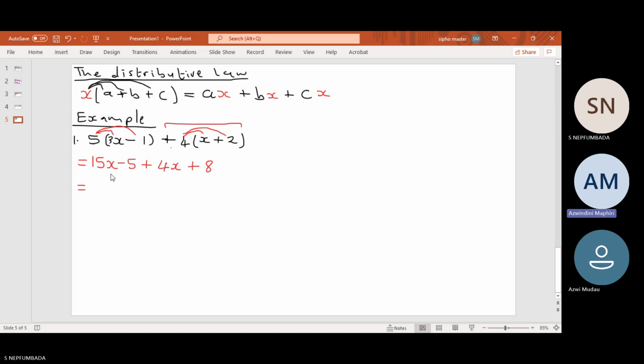We check the same variables. Like if it is x and x, they're the same variables, then you group them. Okay.